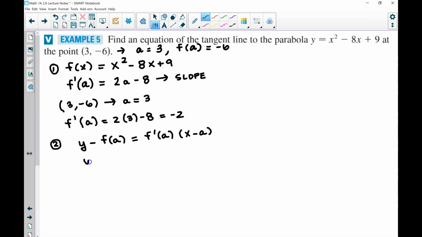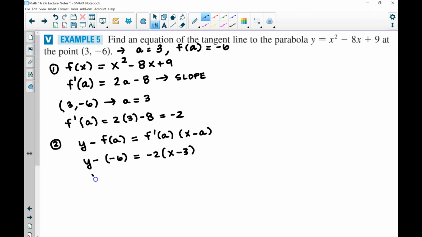So we have y minus, well, f of a from the beginning of the problem is equal to negative 6. So we know that that's equal to negative 6. We know that f prime of a, which is the slope, we just determined that that was negative 2. And then this is going to be x minus the value of a, which is 3.